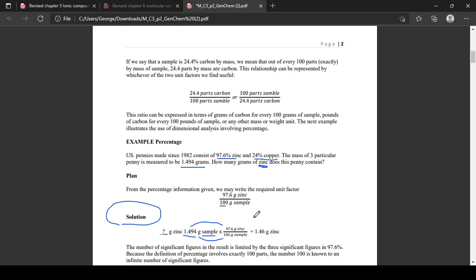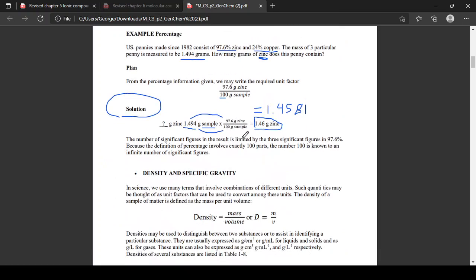So 1.4581 is your answer, or you simply round it off to 1.46 if you round it off to the nearest two decimal places.